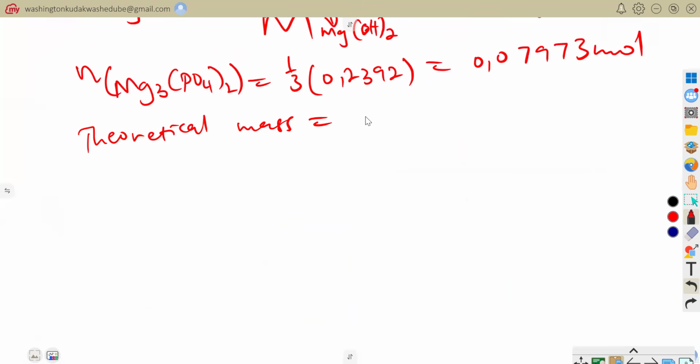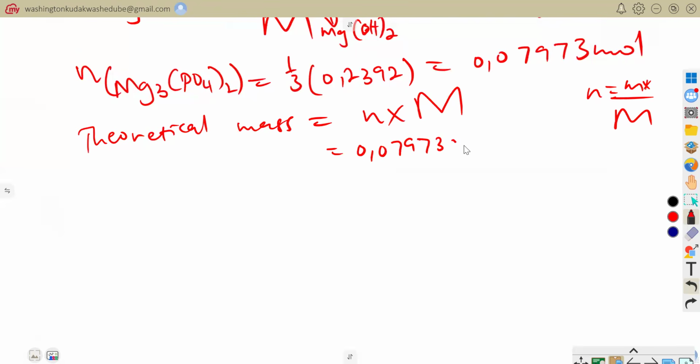So theoretical mass is equal to number of moles times the molar mass, because we know that number of moles is equal to mass over molar mass. So if I want this, I will just cross multiply. So the number of moles would be 0.07973 times the molar mass of this.